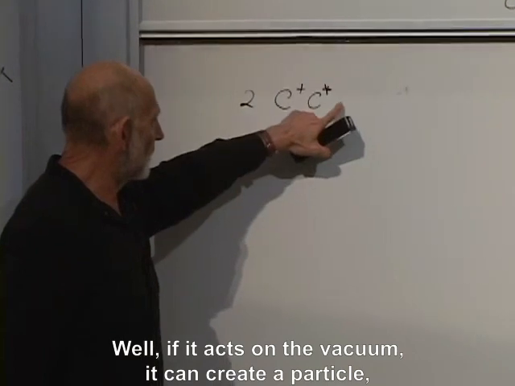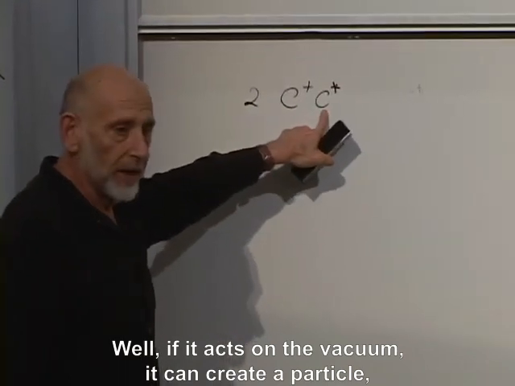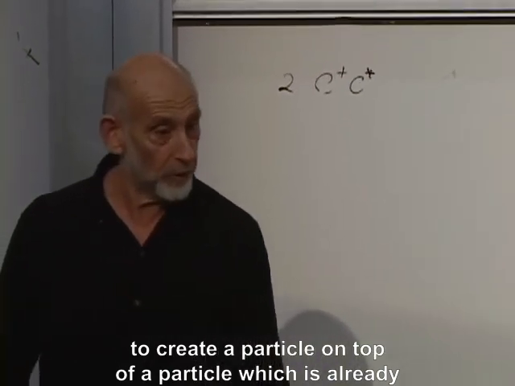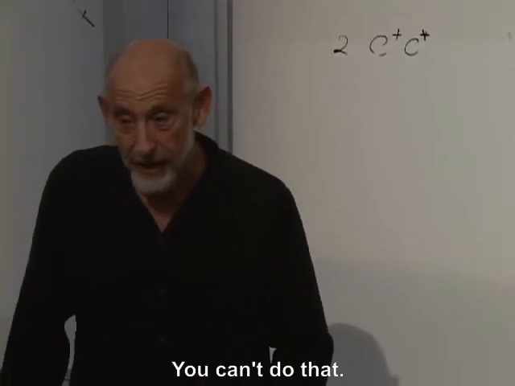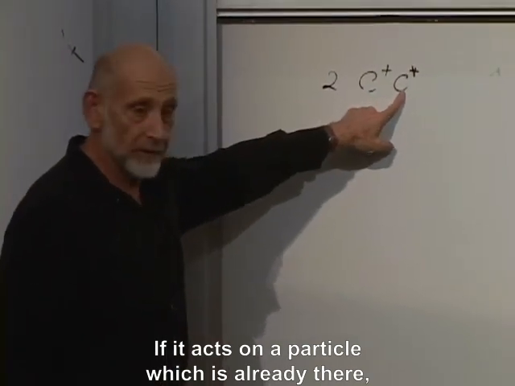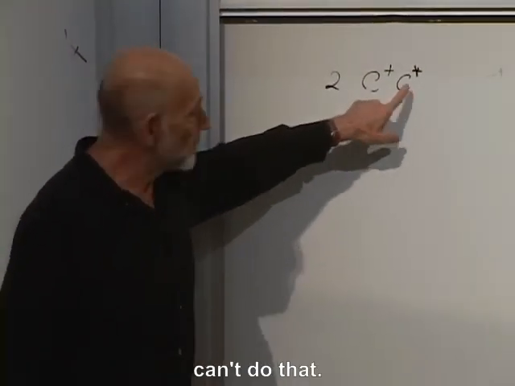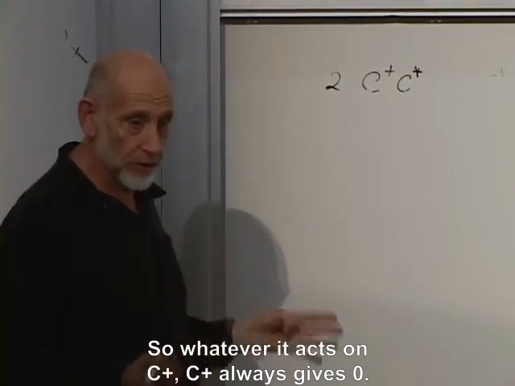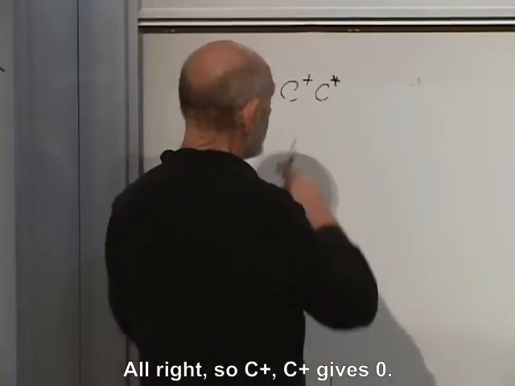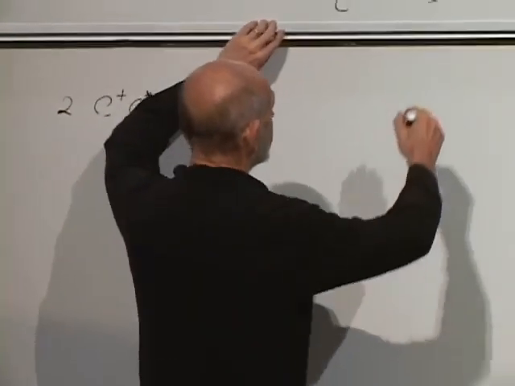If it acts on the vacuum, it can create a particle, but then the next one is going to try to create a particle on top of a particle which is already there. You can't do that. If it acts on a particle which is already there, can't do that either. So whatever it acts on, it always gives 0.